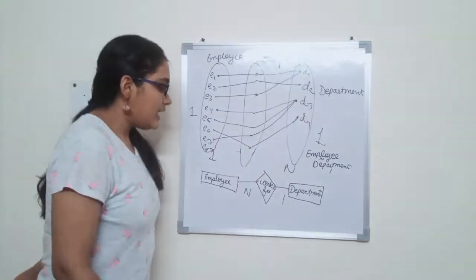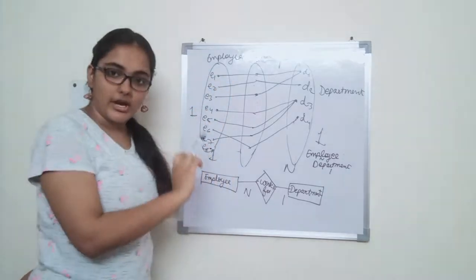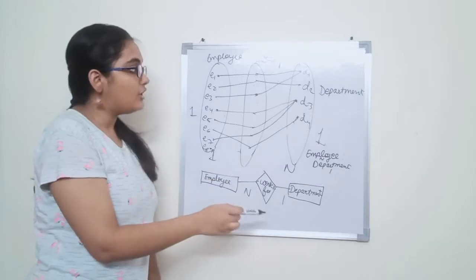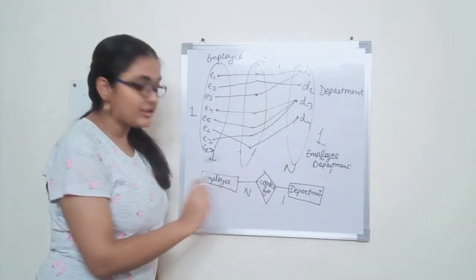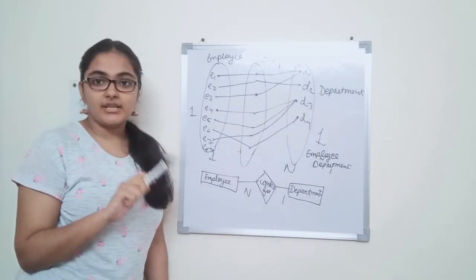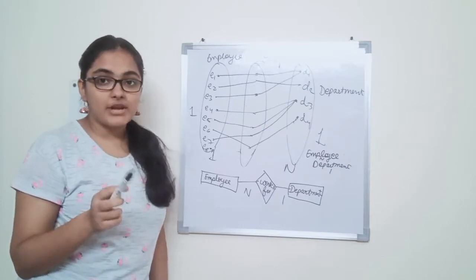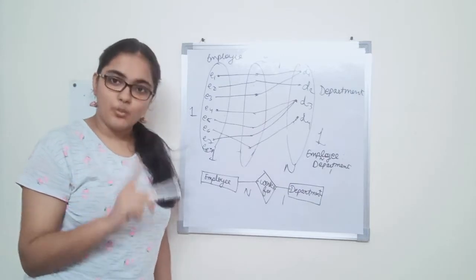Okay, so now if the participation of the employee entity type in the works for relationship is total, and also the participation of the department entity type in the works for relationship is also total. Why? Because it has already been given in the requirement definition that every employee has to work for at least one department, and also a department has to have at least one employee.